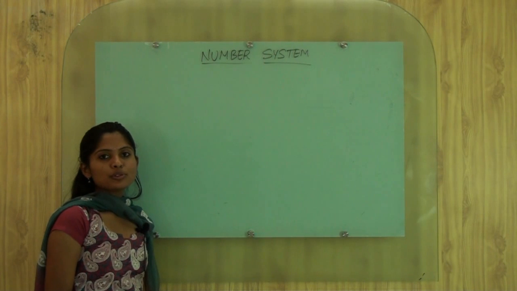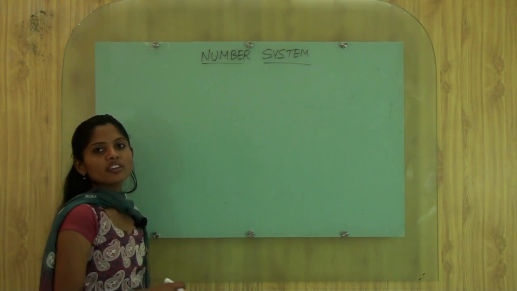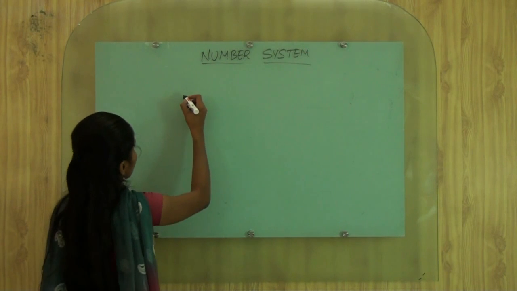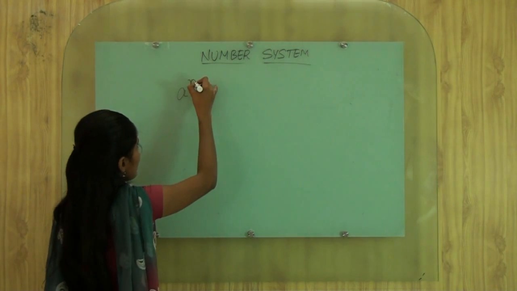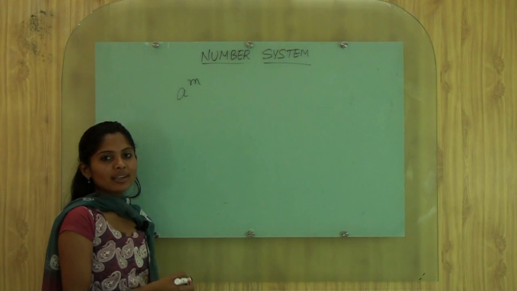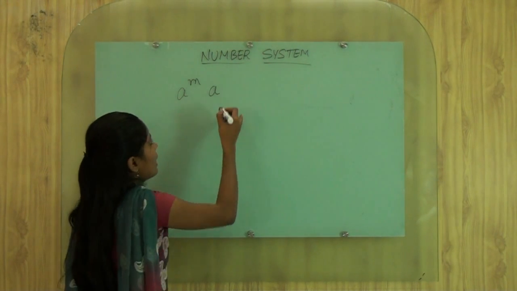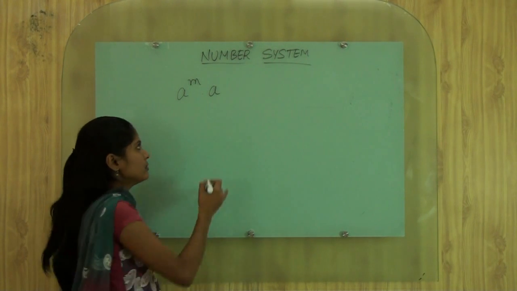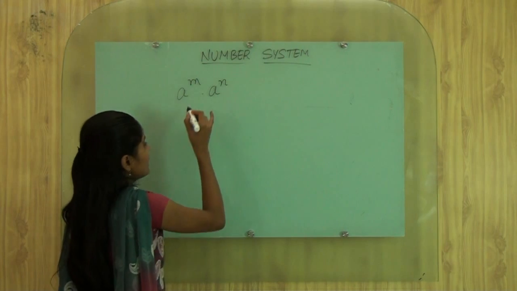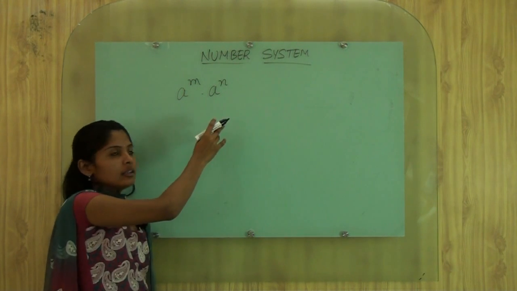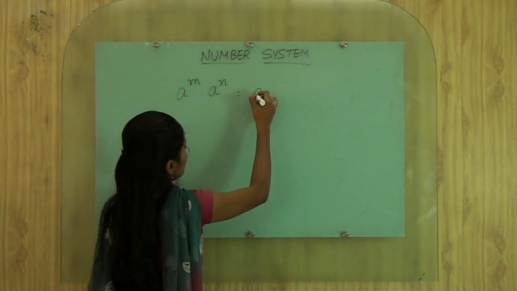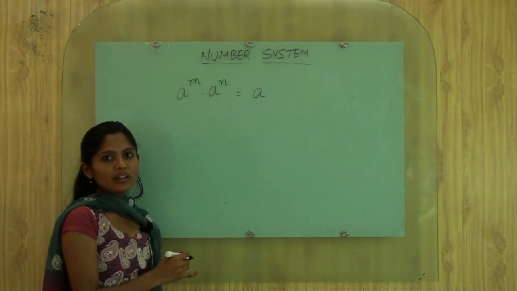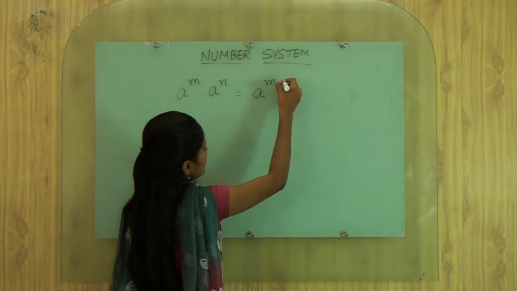Next are the exercise problems we'll see on real numbers. Before that, we'll see the laws of exponents. If you have a base called a, and the exponent is m for it, and you have one more base called a, and the exponent of it is n, and you are multiplying these two numbers, then you can write the base as it is, as the base is equal, and you can add the exponents.